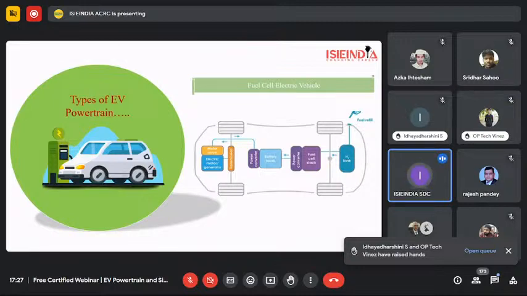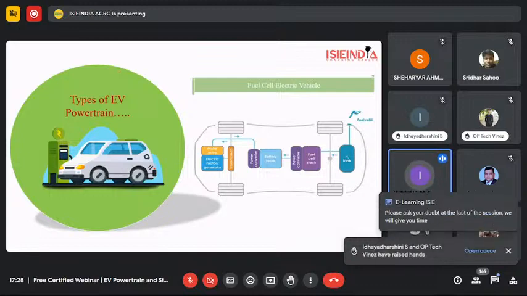And to store that electrical energy, we are using a battery bank.